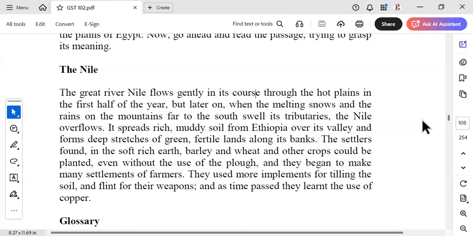It spreads rich, muddy soil from Ethiopia over its valley and forms deep stretches of green, fertile lands along its banks. The settlers found in the soft, rich earth barley and wheat and other crops could be planted, even without the use of the plough, and they began to make many settlements of farmers. They used more implements for tilling the soil, and flint for their weapons. And as time passed, they learned the use of copper.